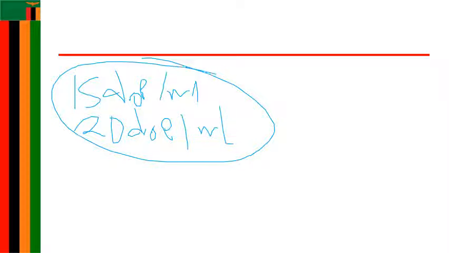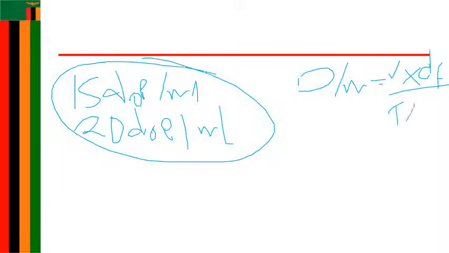So the formula that we use to calculate the drops per minute is: drops per minute is equal to volume to be given multiplied by the drop factor, divided by the time multiplied by 60.